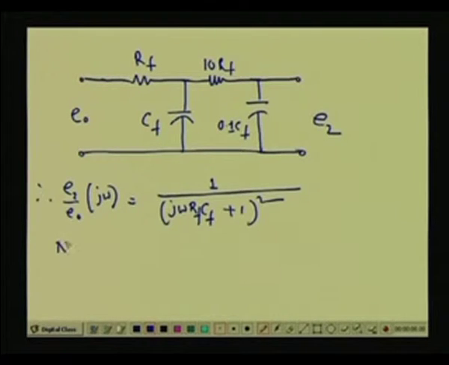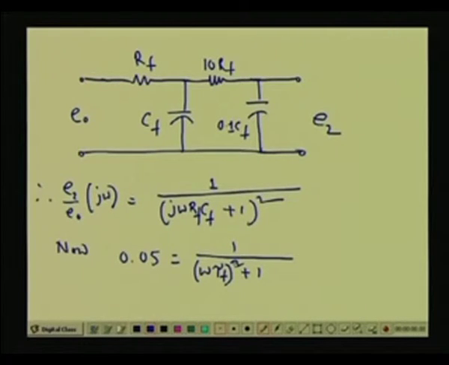Now, again let us check whether this is good for my work. So, 0.05, as we did before for the single order filter, equal to 1 upon omega tau f square plus 1.